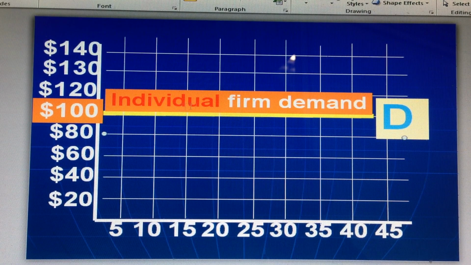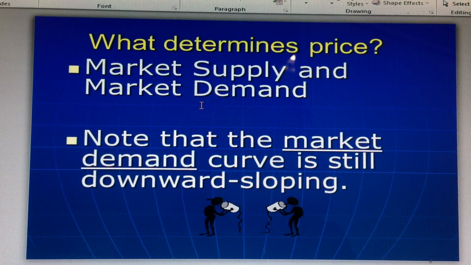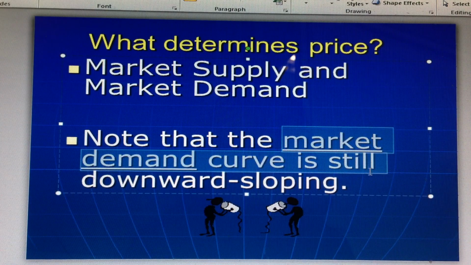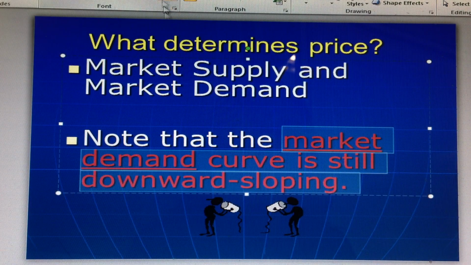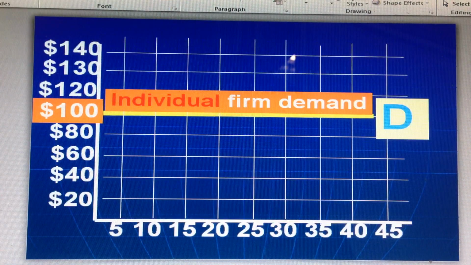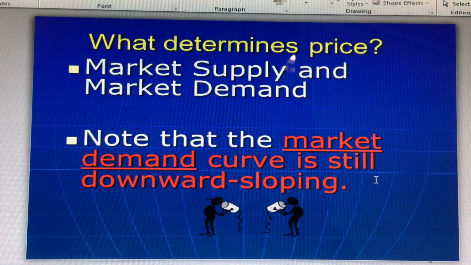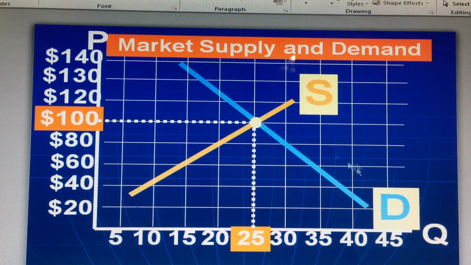Now this is talking about individual. If you remember, when we studied, demand curve is always downward sloping, correct? So note now, the market demand curve is still downward sloping. Just now we are talking about individual. Individual means that whatever amount that you want to sell, you sell at the market price. But when you talk about the whole market, the demand curve will be downward sloping.